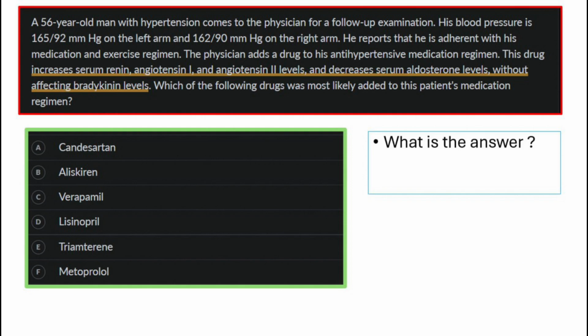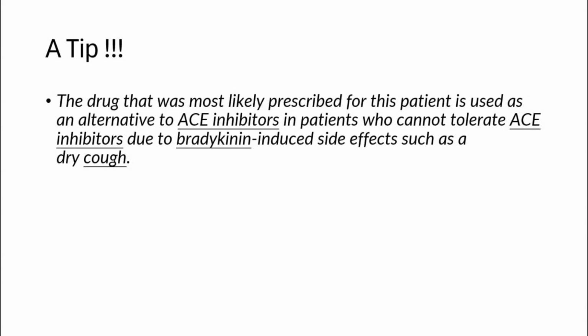So we have got 6 options: candesartan, aldosterone, verapamil, lisinopril, triamterene, or metoprolol. So guys, what is your answer? Tell me. Before guessing the answer, I would like to give you a tip. The drug that was most likely prescribed for this patient is used as an alternative for the ACE inhibitors in patients who cannot tolerate ACE inhibitors due to bradykinin-induced side effects like dry cough.